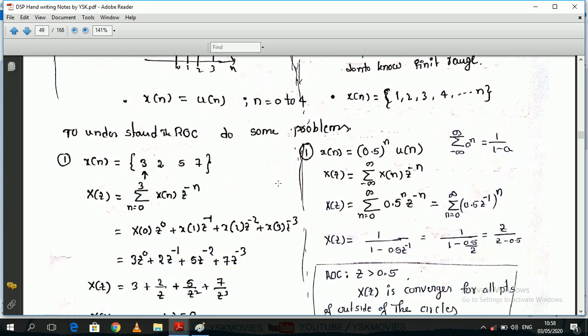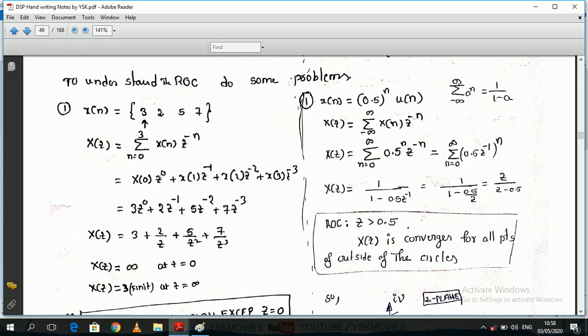What is the z transform of this? This is x of 0, and you expand this and get 3 plus 2 by z, and so on. So this is the z transform. x of z is infinity at z equal to 0.